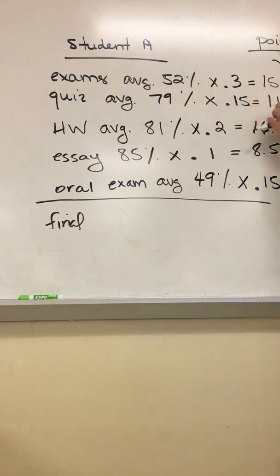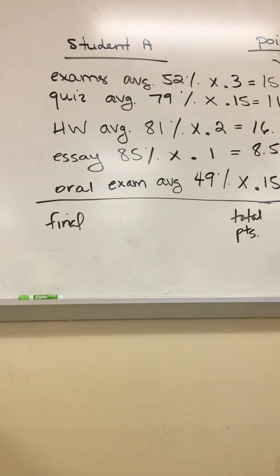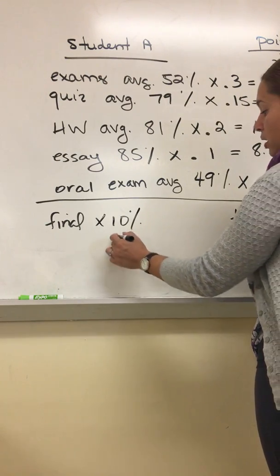All right, these are the total points. Now what you do is you add all these guys up. When you add all of those points up, you should get a 59.6, which is going to round up to a 60, which is a D. And then you need to make a certain grade on the final to be able to get a C. So what you actually need to make on the final here, if the final is worth 10% of your grade, you need to make 100 on the final.